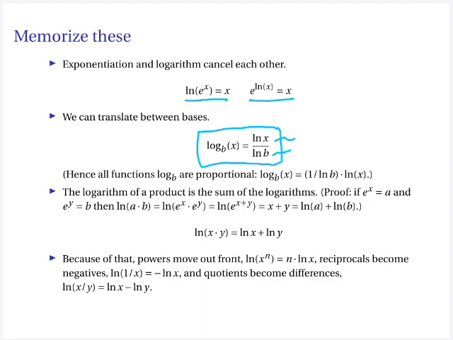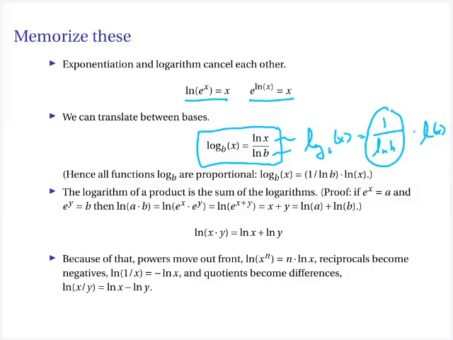So what this tells you is that log base b of x is 1 over the natural log of b times the natural log of x. That is to say that all logarithmic functions are proportional, and the constant of proportionality is right here.